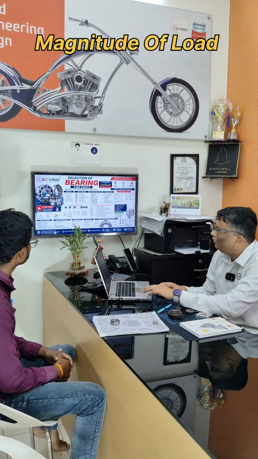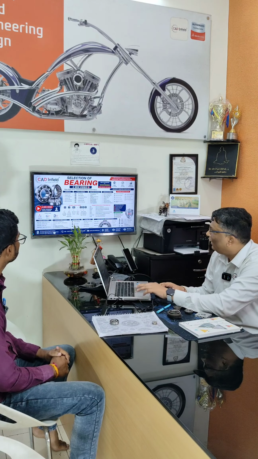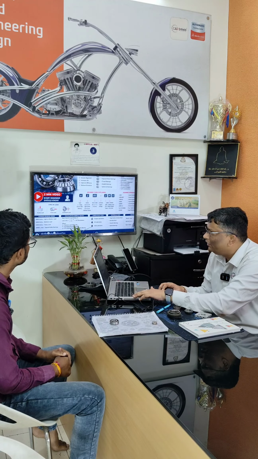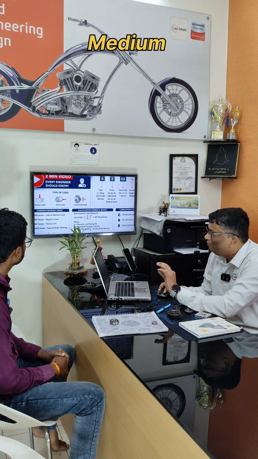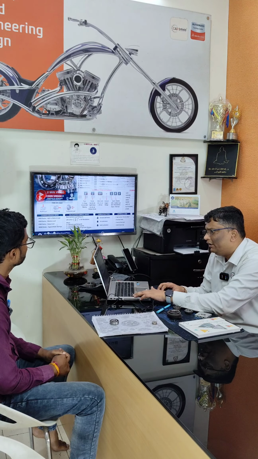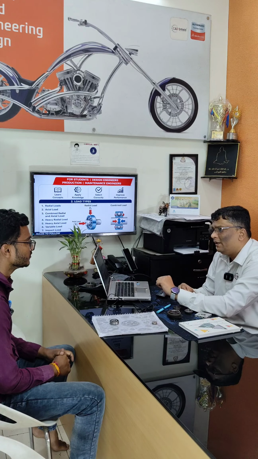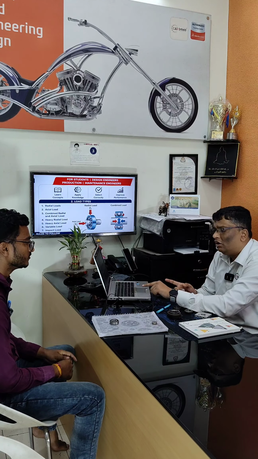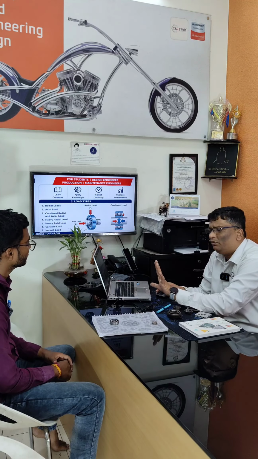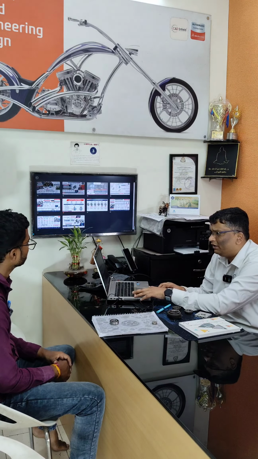In magnitude, you need to understand whether you have a small, medium, or heavy load. It can also be a combination of radial and axial, or a combination of heavy radial and heavy axial, or a completely variable load. We need to think about these parameters first.